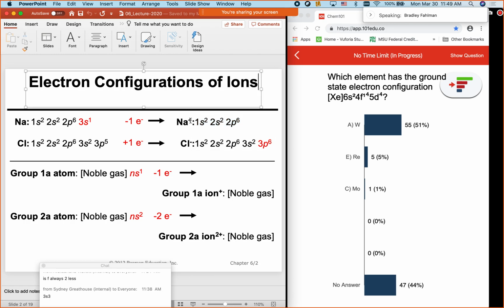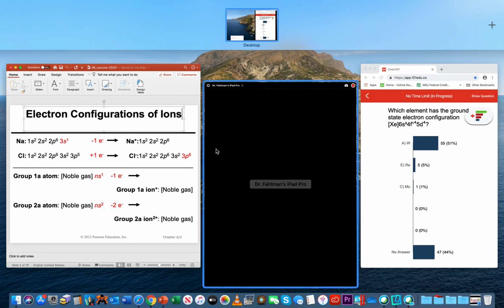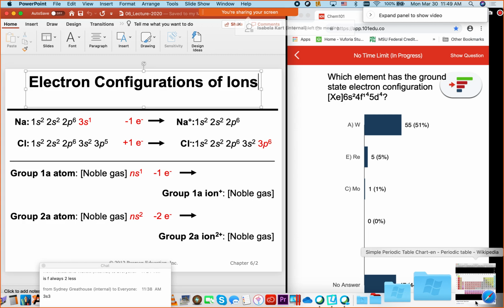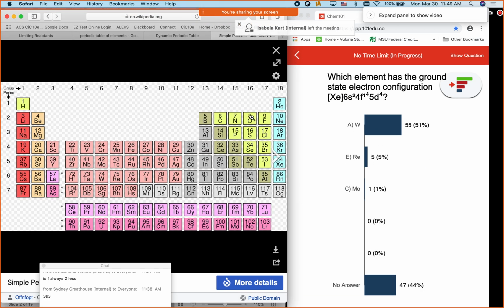So the group 1s love to be +1, and the group 17s like to be -1. So if you look at the periodic table, you can start to understand why they have the preferred charges, like N3 minus is the same as neon.